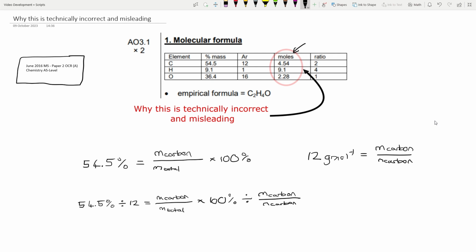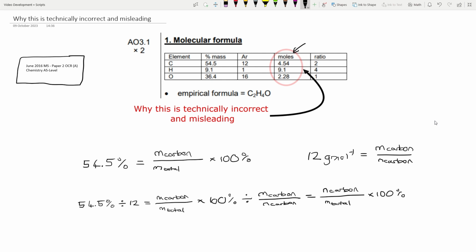Now, if you do the maths, we will get N carbon divided by M total times 100%.